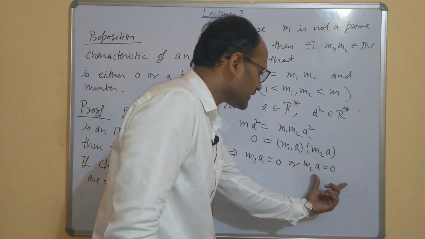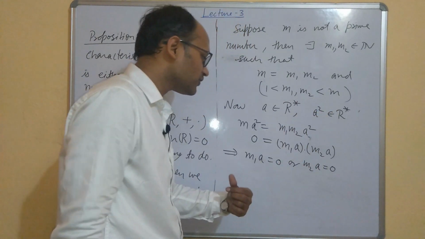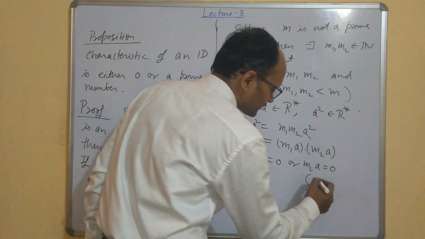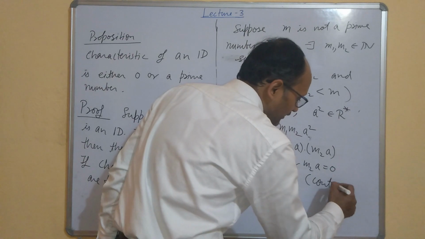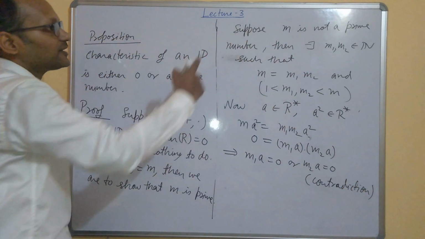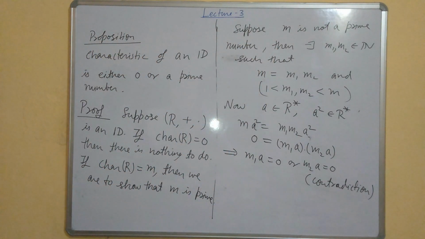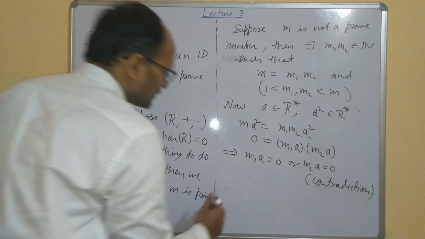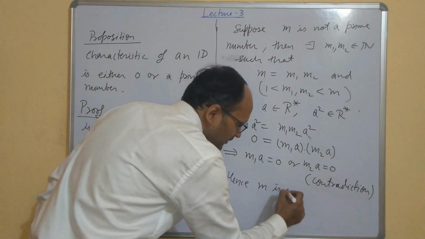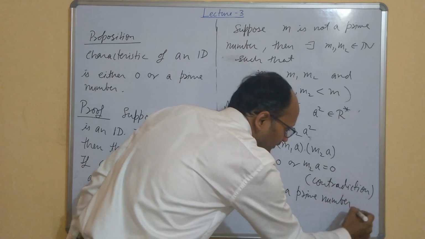Now m2a equal to 0? m2 is less than m, and the additive order of a is m, so again this cannot be 0. So this is a contradiction, and this contradiction arises due to our assumption that m is not a prime, so it is wrong. Hence m is a prime number.